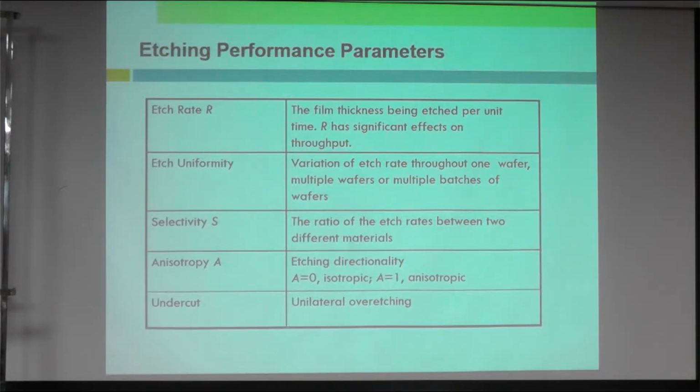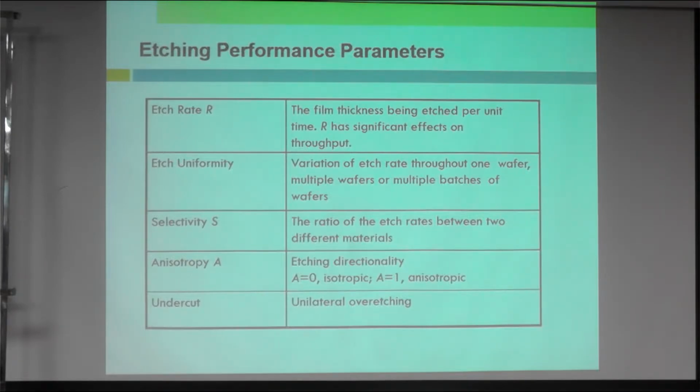Then etch uniformity, the variation of etch rate throughout one wafer, multiple wafers or multiple batches of wafers. Uniformity might differ if you have a spray wet etching process, for example, or a dry etching process where the position you put the wafer or sample might affect the etching.